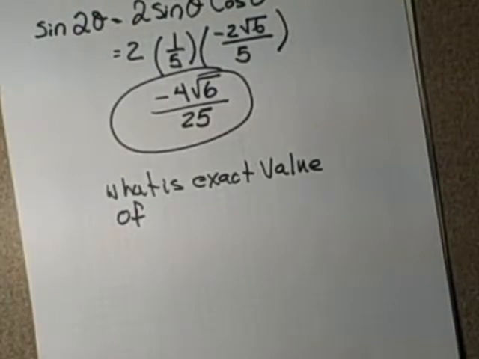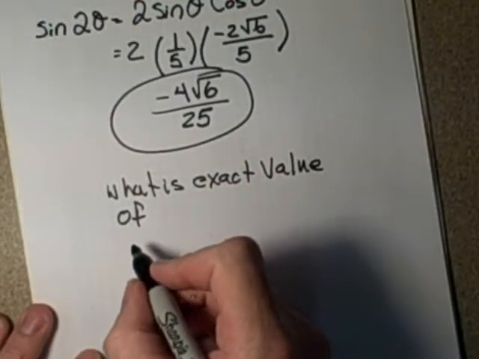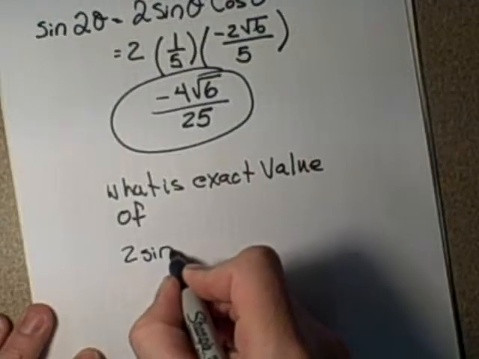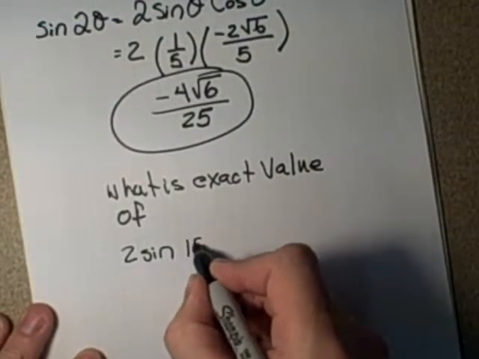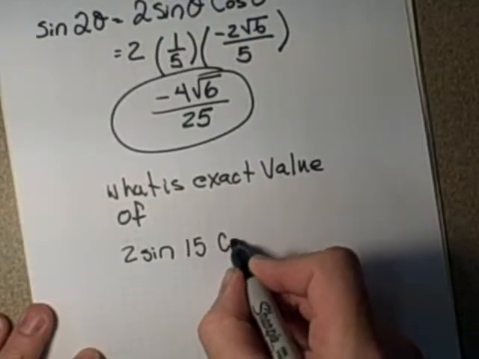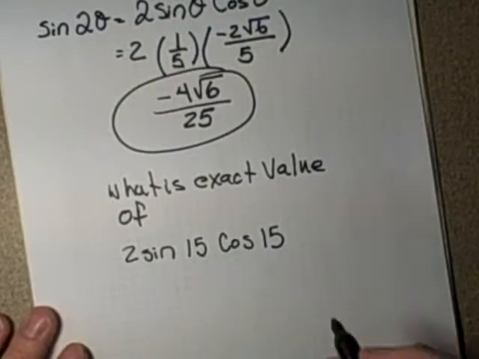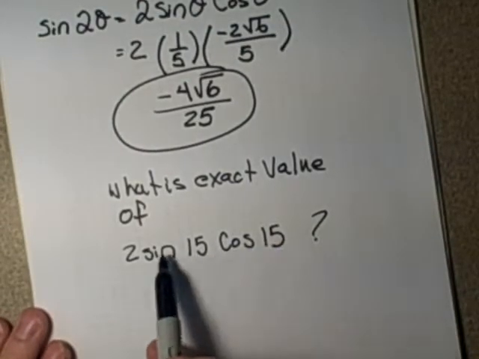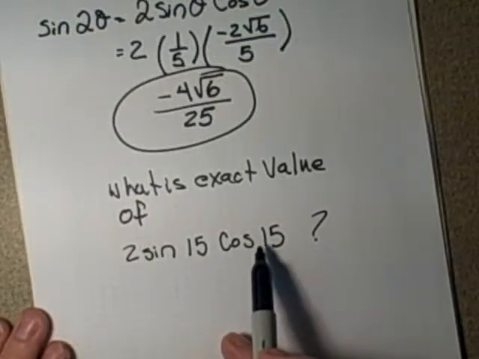Let's say they had 2 sine 15 cos 15, question mark. You would recognize this as an example of the double angle identity formula.